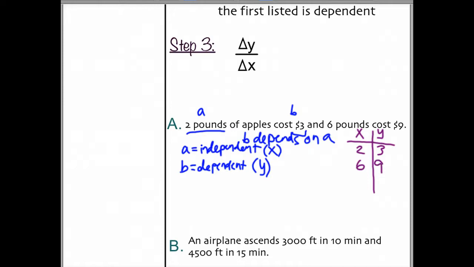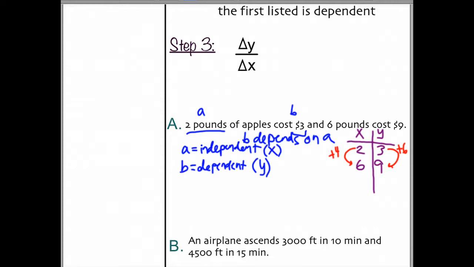Now I want to take what we learned from yesterday about the rate of change and calculate the rate of change for this as well. So what we do is we find the difference from here to here and the change from here to here. So from 3 to 9 we had a positive 6 increase, and from 2 to 6 we had a positive 4 increase.